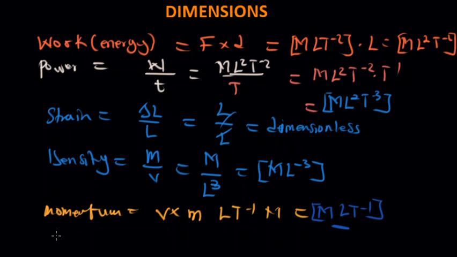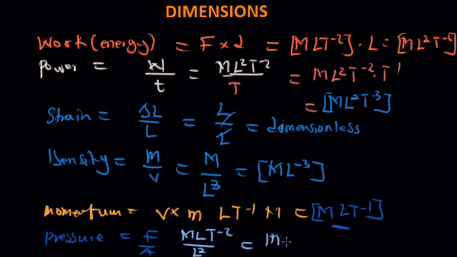Now let's look at the last one, that is pressure. Pressure has a formula of force over area, and we know the dimension of force to be MLT^-2, all over area, which is L^2. So this will come up, and we have M L T^-2 times L to the power negative 2.